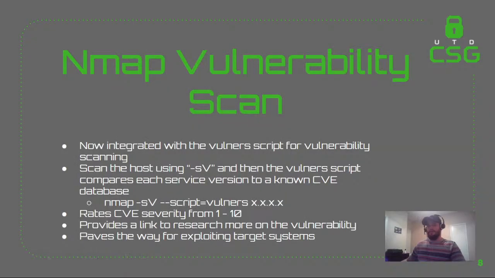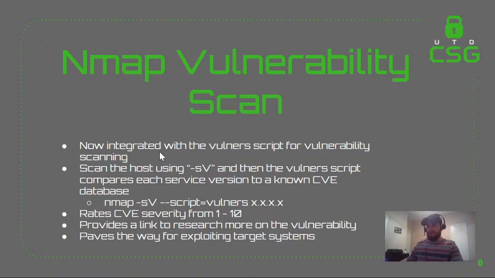Okay, and here's kind of the good part. Using Nmap for vulnerability scanning. Nmap is now integrated with the vulners script for vulnerability scanning. I believe previous versions didn't come with the vulners script pre-installed, so you had to go and download the script and put it in the correct folder, and so on.